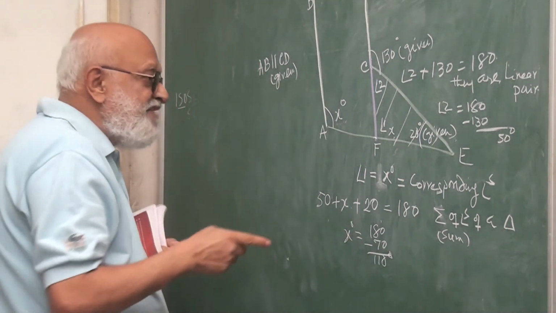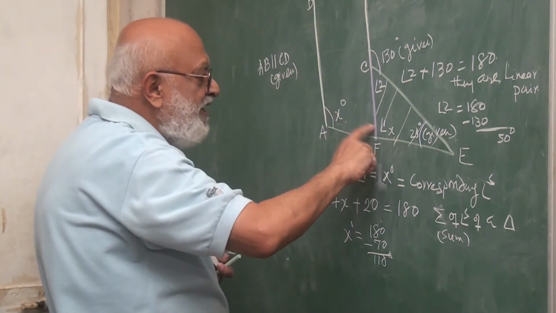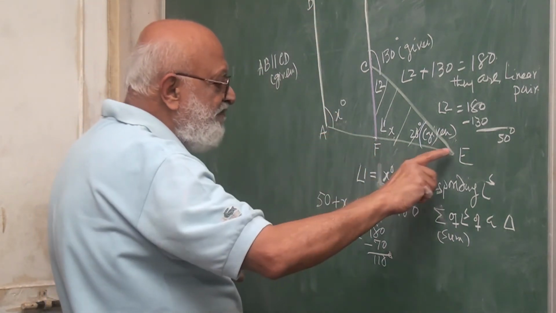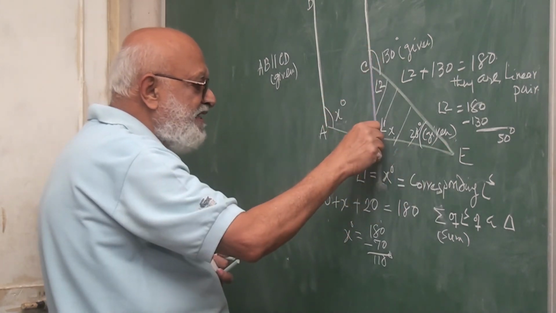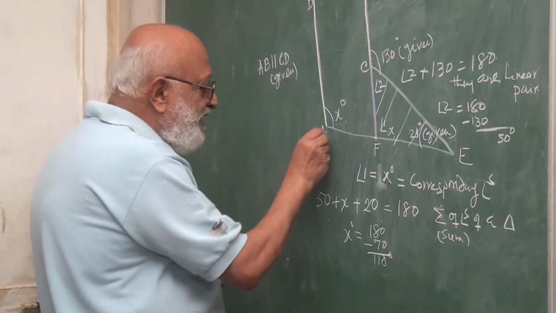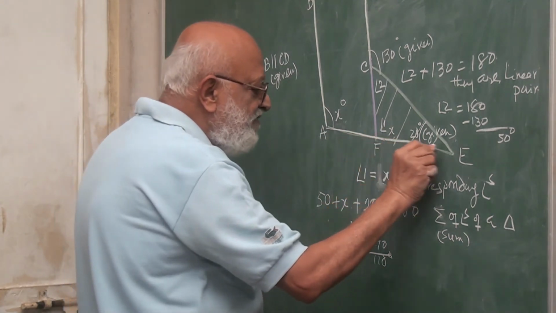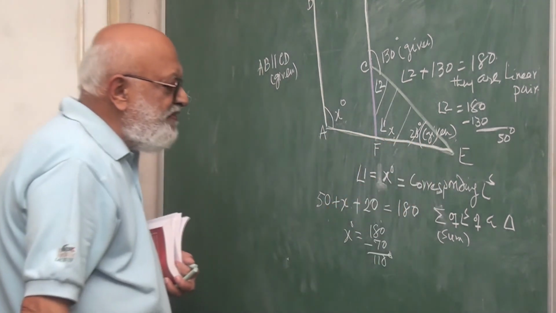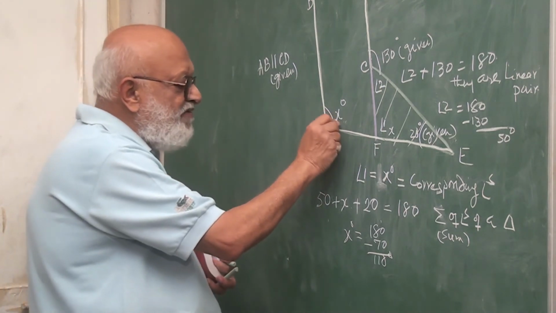So again, just a revision: two parallel lines are given, and this is the figure that has been given. What I have done, from C I have extended it to F, so as to take advantage of this particular transversal. I have first said x0, what is the value of x?